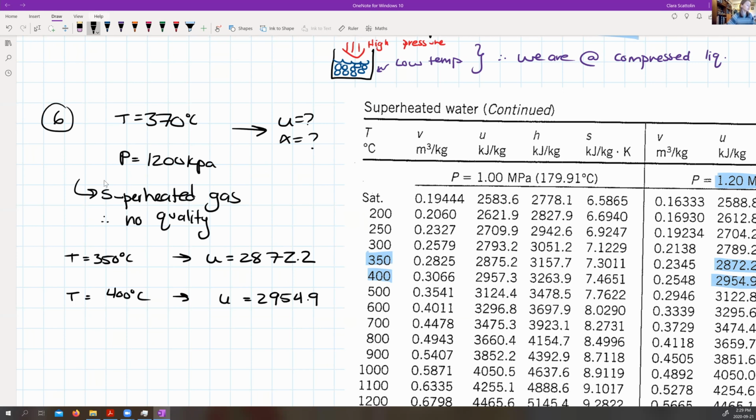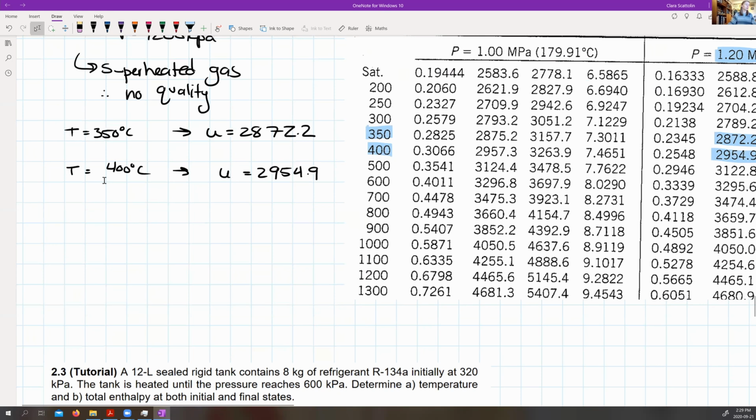All right, so I'm going to interpolate between these values like I showed you earlier. I like to do similar triangles. So y2 minus y1 over x2 minus x1 is equal to the same thing. So I'm going to do my y2, 400. I'm treating them as, these are my values of y and these are my values of x.